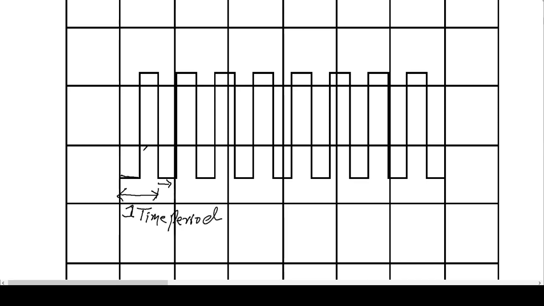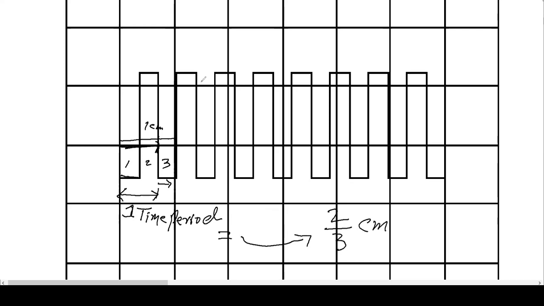One complete box is 1 centimeter. Let's split this box in three: 1, 2, and 3. So this portion is 2 out of 3. It means one time period is equal to 2 out of 3 centimeter.